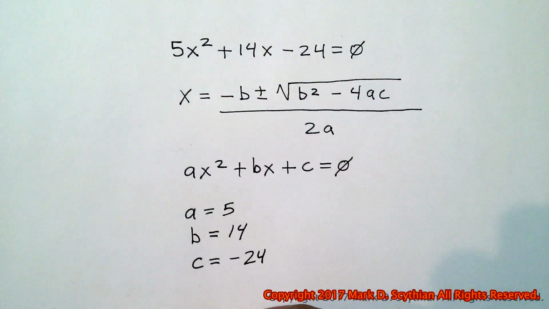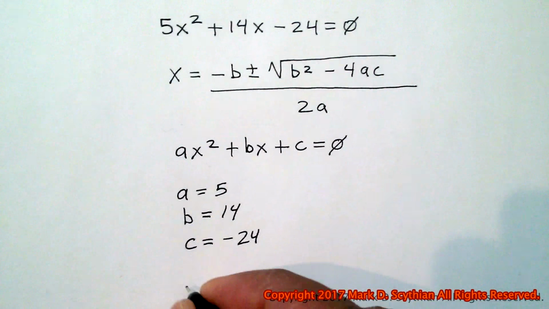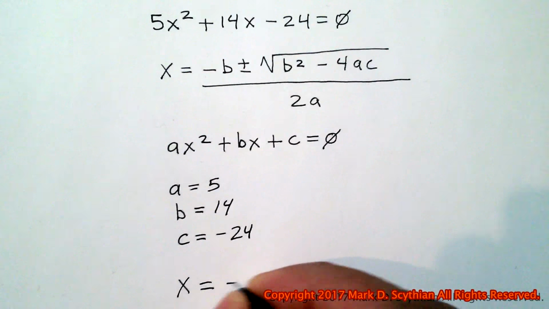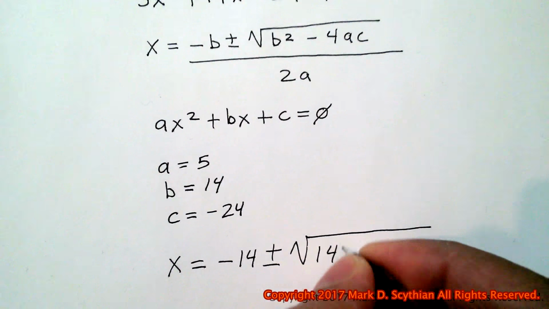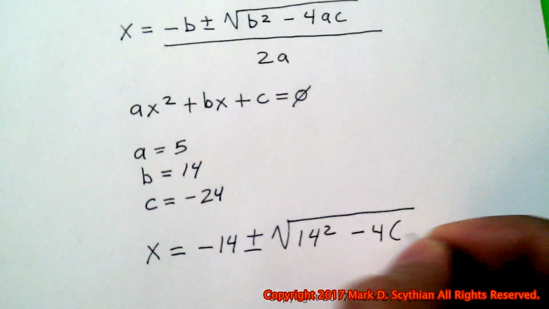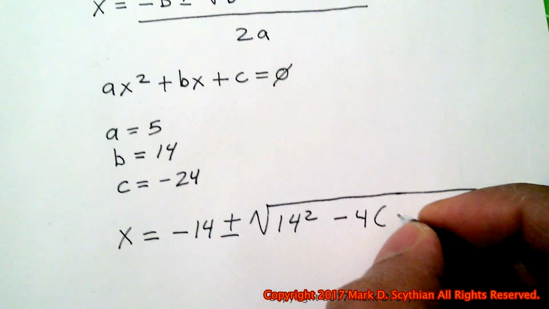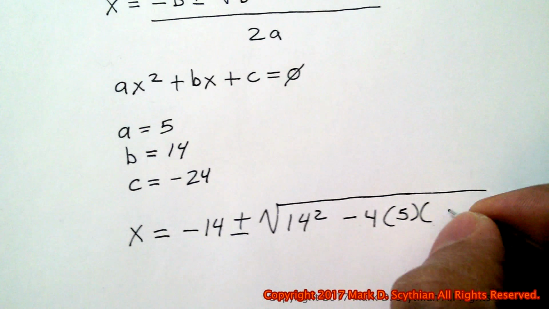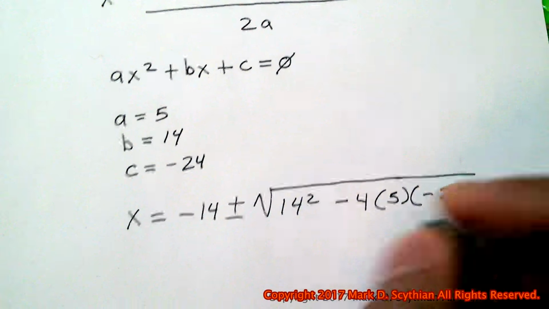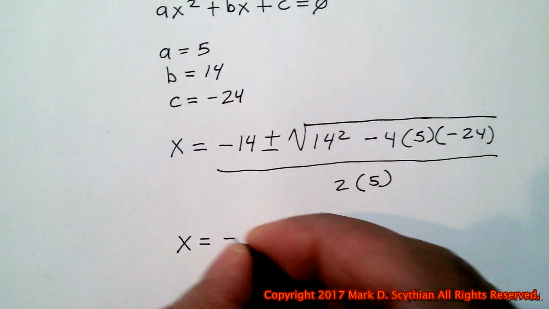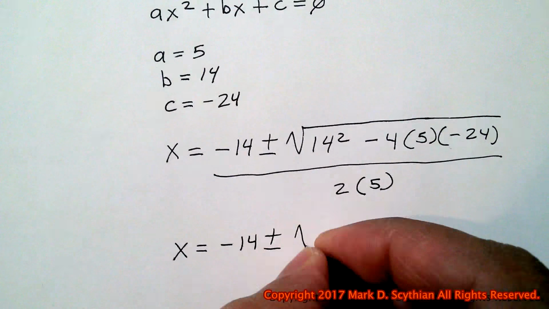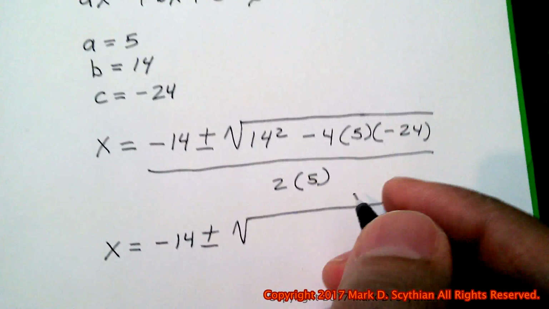So that being said, we can go ahead and enter these a, b, c values into the quadratic formula. As we compute down, we can use the rules for mathematical operators.